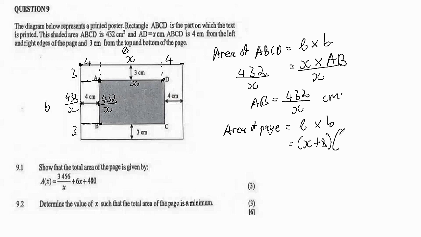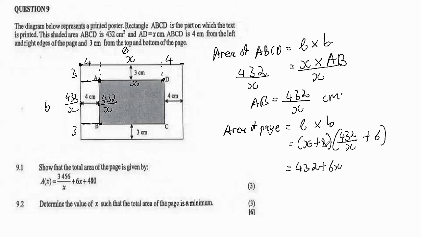So this would be 432 over X, and then obviously the 3 and 3, they will give us 6. Right. So, okay, at this point, let's just FOIL. X multiplied by 432 over X. The X and the X will cancel out. We are left with 432. And then the X multiplied by 6, there will be 6X.